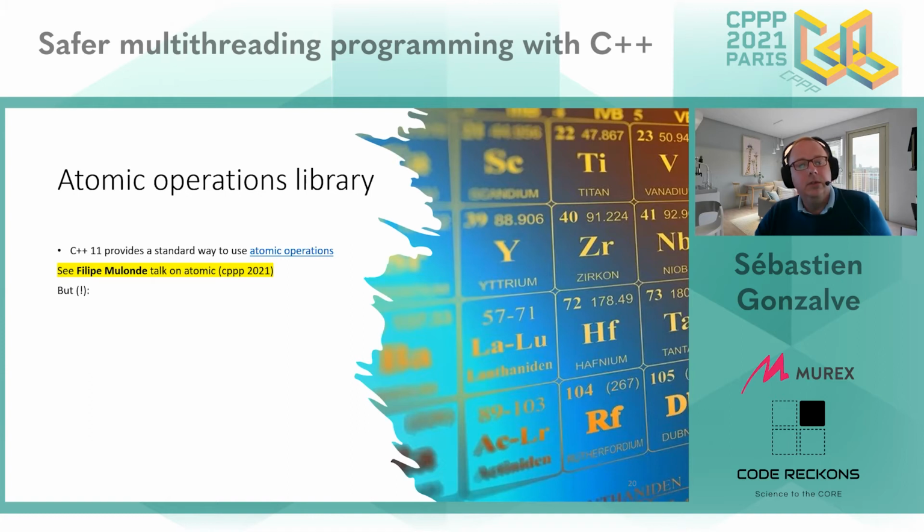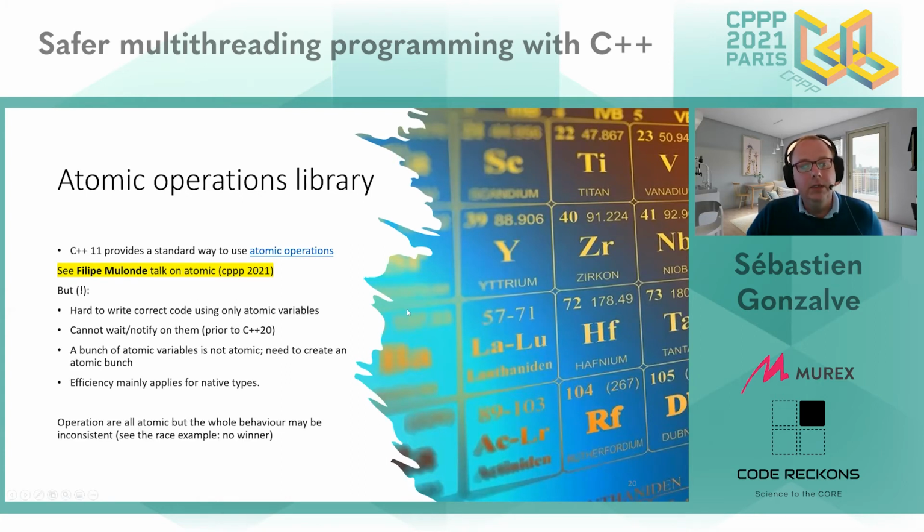And yes, it could help communicating things between threads, because atomic operations are guaranteed to be atomic, which means that you cannot see an intermediate state while modifying them. So either you see the previous value, or you see the new value, but you cannot see in between. That said, there are quite a lot of limitations, let's say, with the use of atomics.